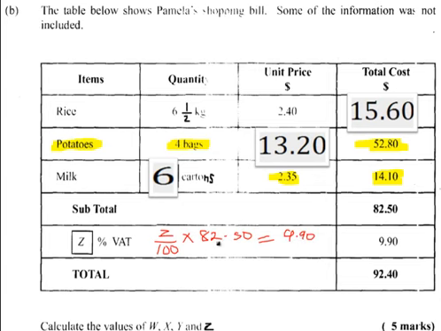So what you want to do now, bring over the $82.50 to divide the $9.90. Do that with a calculator. Then you carry the 100 and multiply by the result. And if you do that nicely, you will get 12, and that is 12%.